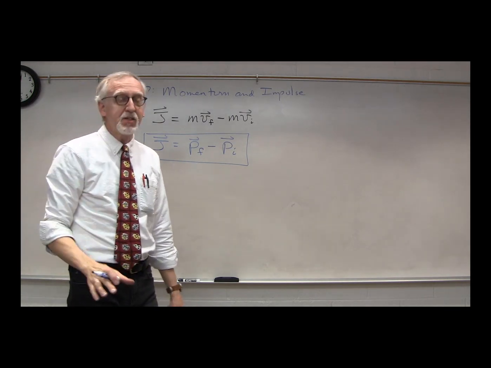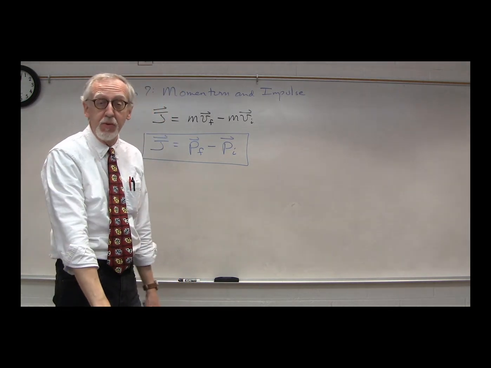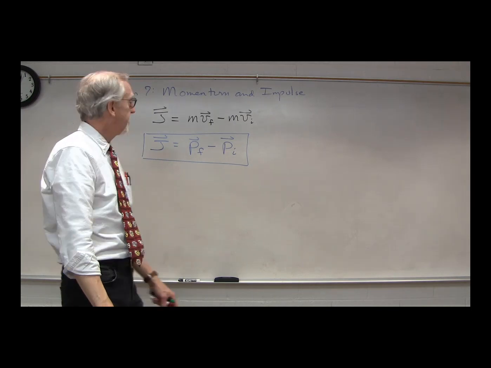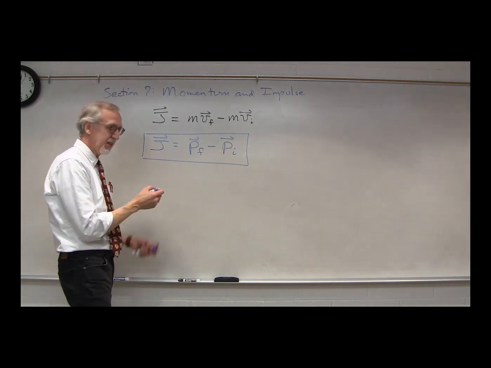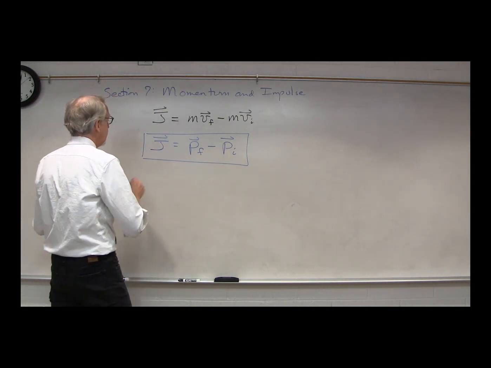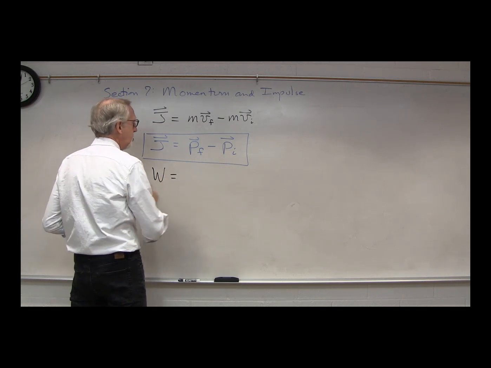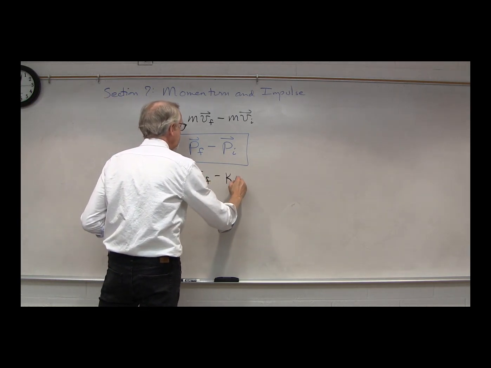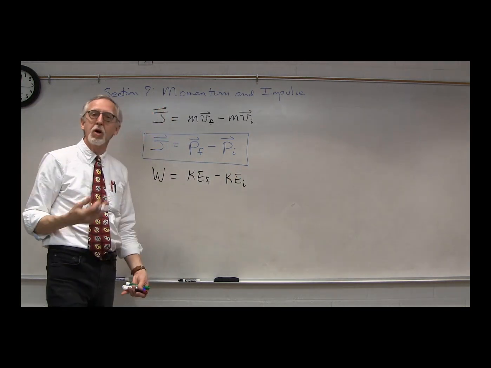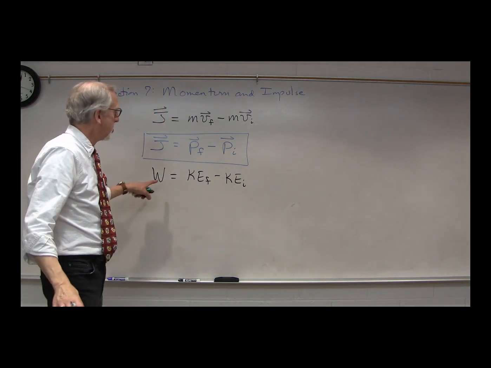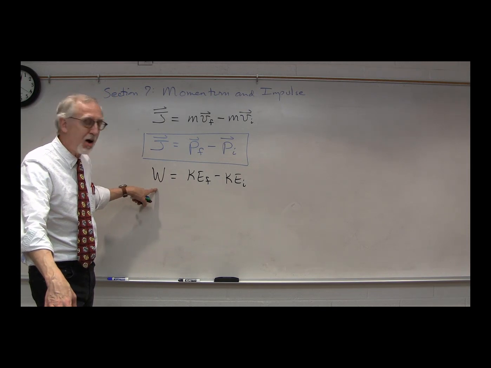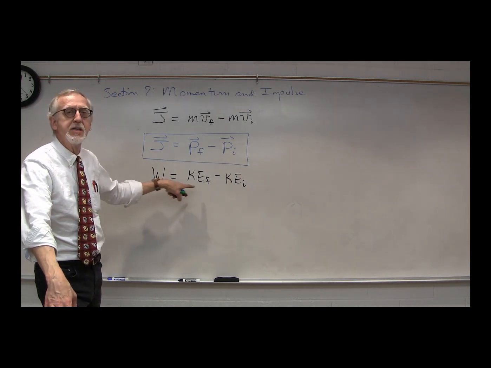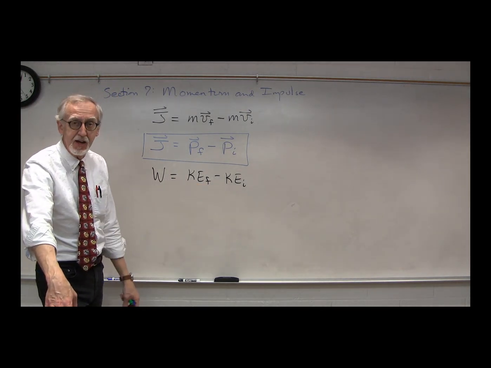Well, that looks like something we've seen before, something we saw last time. If you'll remember, what did we see last time? Well, we found that W was equal to KE final minus KE initial, the work energy theorem. In other words, when we do work on an object, that work goes into changing the object's kinetic energy.